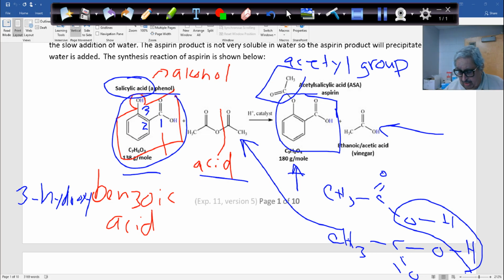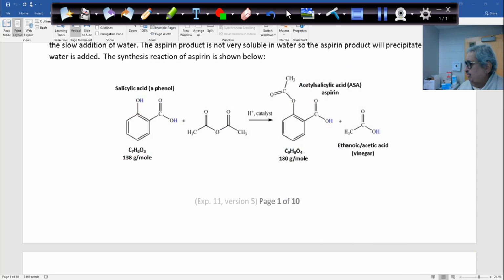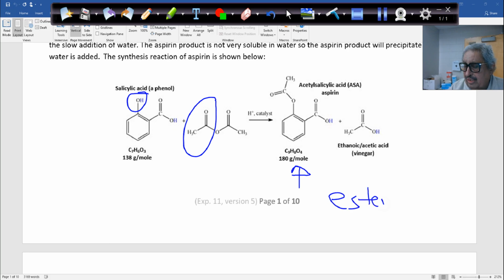Correct? So now this reaction, what type of reaction is this? This is esterification. We make an ester. And this ester is really aspirin coming from the acid and the alcohol. In this case, alcohol. So that's esterification.